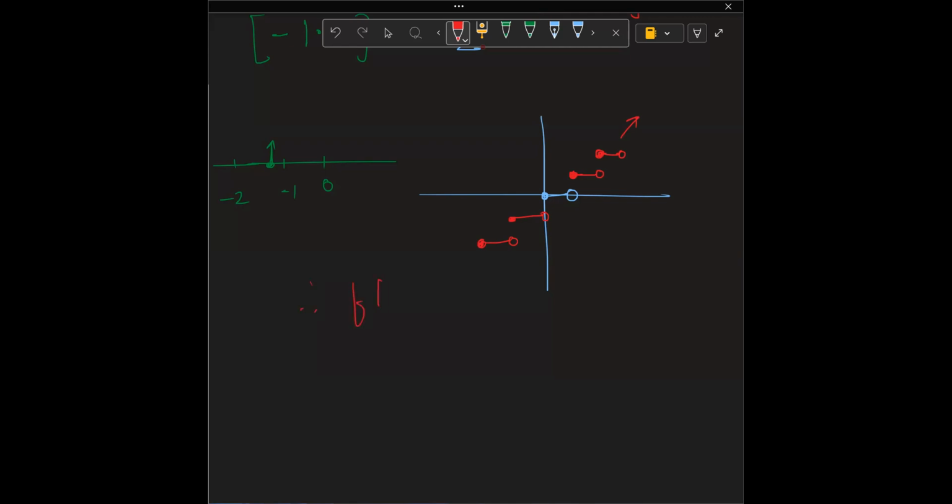So you will say that your function f(x) is equal to greatest integer x is discontinuous at every integer x. And how many points of discontinuity are there? Tell me.